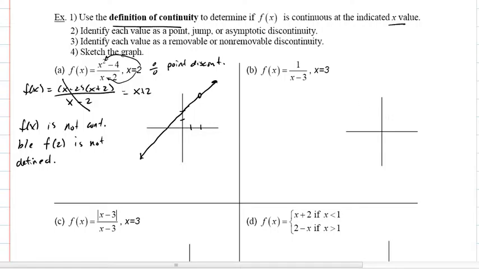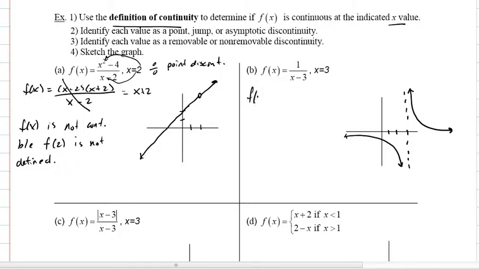So letter B, we have a rational function again, and this rational function, if you remember your parent functions, has an asymptote at x equals 3 because x cannot be 3. We know that from the left it looks like this, and from the right it looks like that. So this function is not continuous.